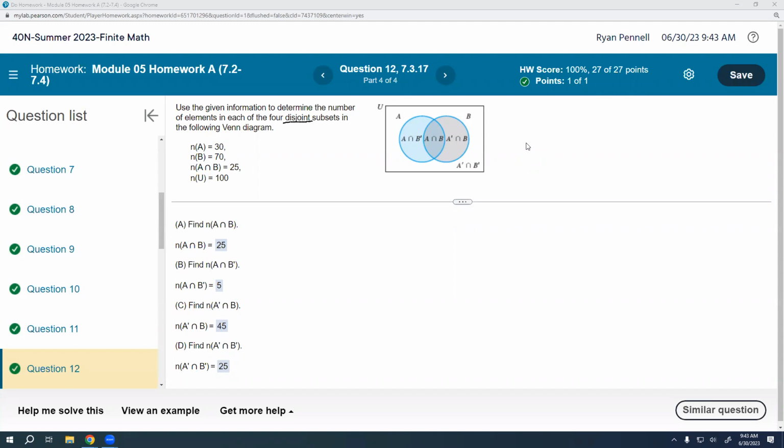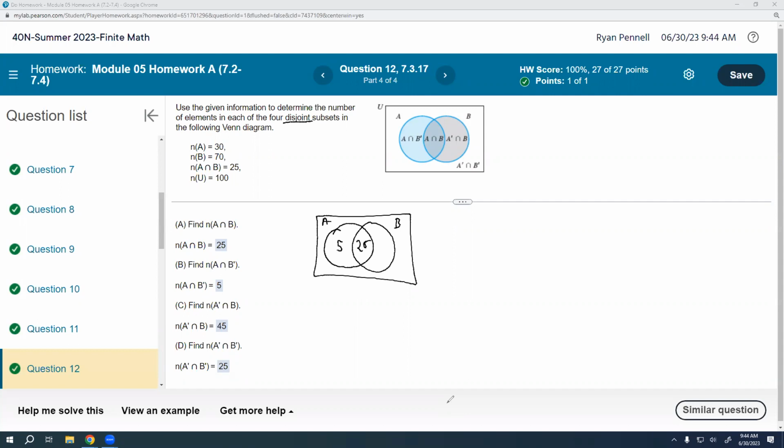I'm going to draw a separate picture for myself. That way I can piece this together. So I'll let this be A, this be B. They say the intersection is 25. This is 25. All of A is 30. So how much would go over here? We already have 25 counted.